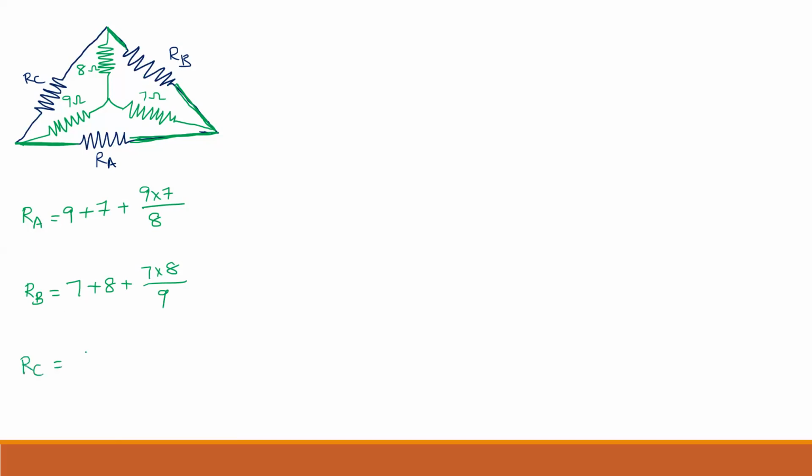Similarly, RC. What is RC? One side you observe an 8 ohm resistor. One more side you observe a 9 ohm resistor. 8 ohm and 9 ohm, and along with these two people, you played cricket with the opposite person. Is it clear, right?